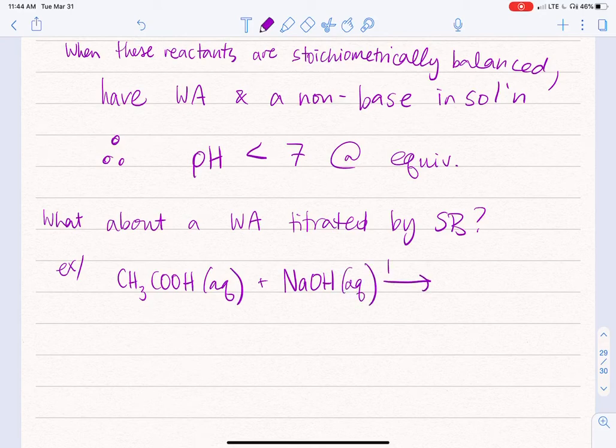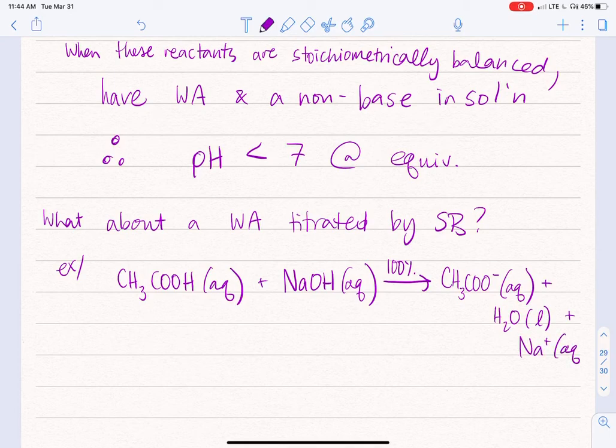Since sodium hydroxide is a strong base, this reaction is going to go to completion. And the strong base is going to deprotonate the acetic acid to make acetate and water. And you'll have a spectator ion floating around in solution as well.